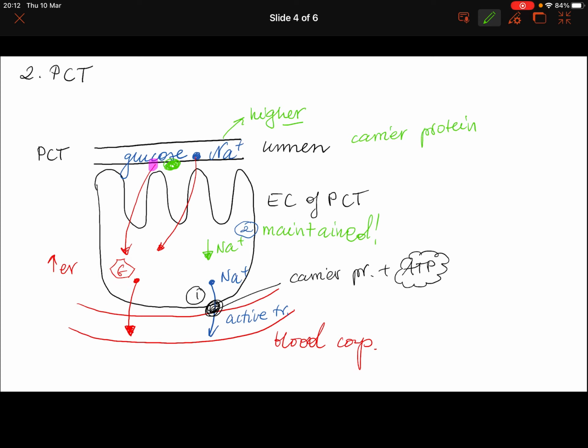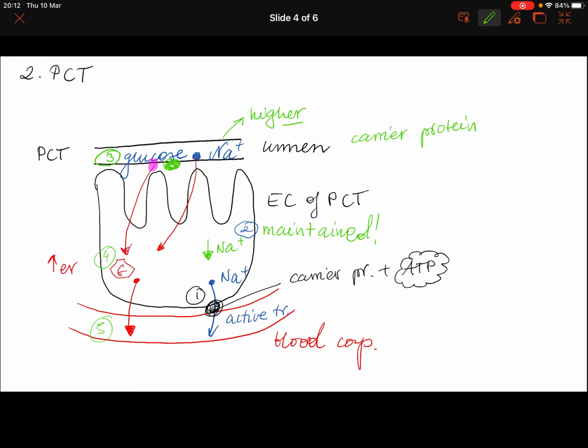Following the process, we are now achieving a higher concentration of glucose in the epithelial cell, so we are one step away from recovering the glucose.